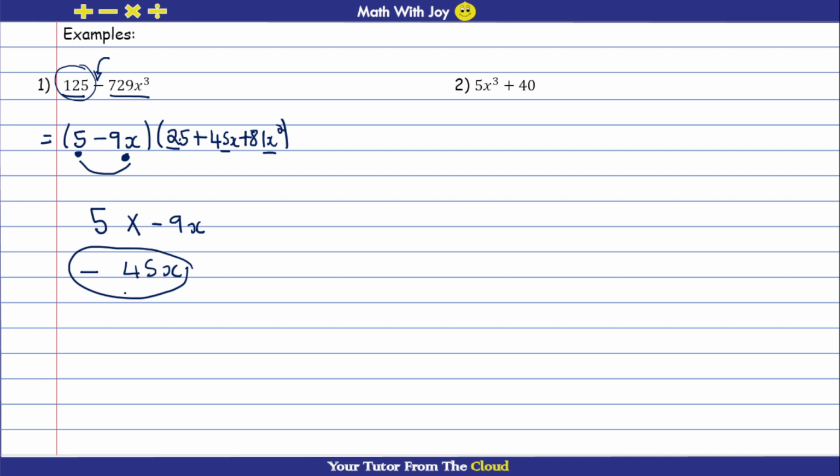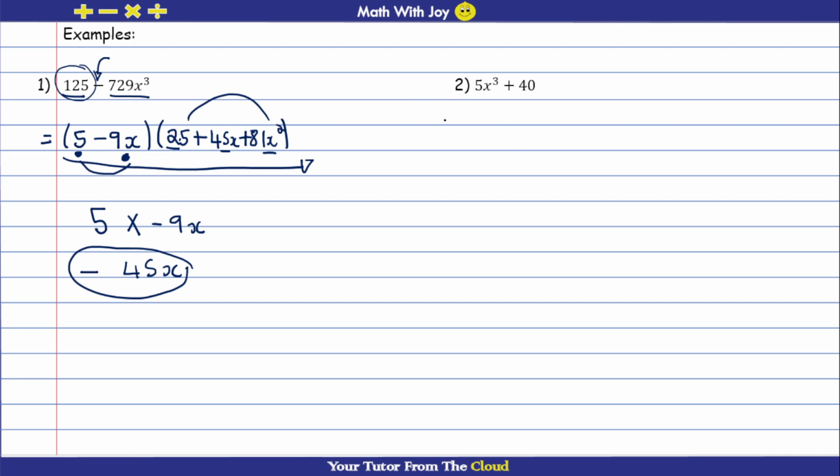So you're not going to take negative 45 with its sign; you take it with the inverse sign. That's going to be positive 45x, and that's how you fill out your bracket. Usually you would want to check whether this trinomial can be factorized further, but in our case, this is how you factorize a difference of cubes.